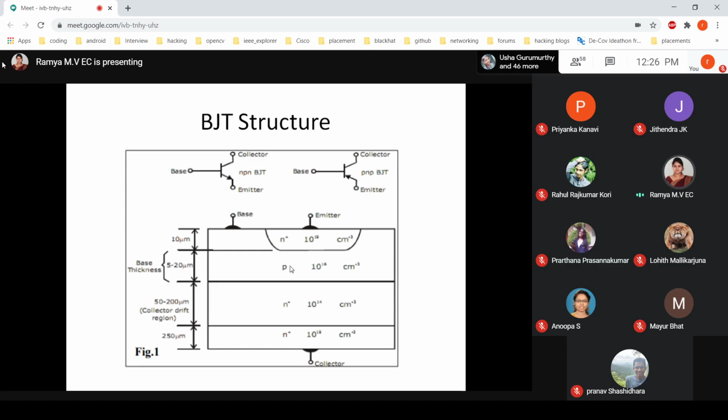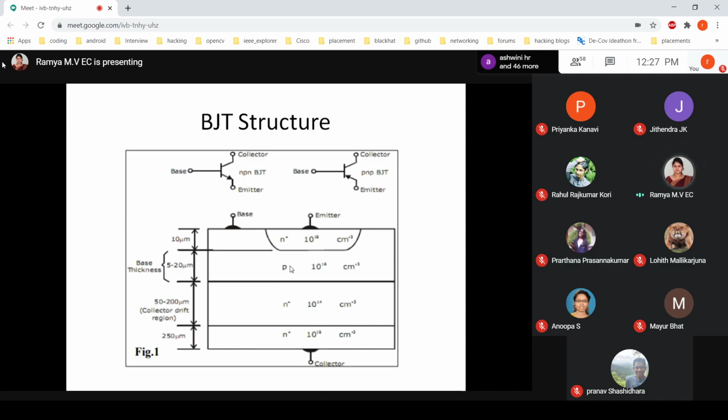That is the reason you get current there in microamperes. If you can remember, most of the current flows from emitter to collector, and only a few are dropped near the base. That is what we have learned, right?